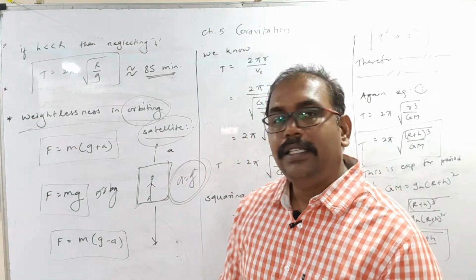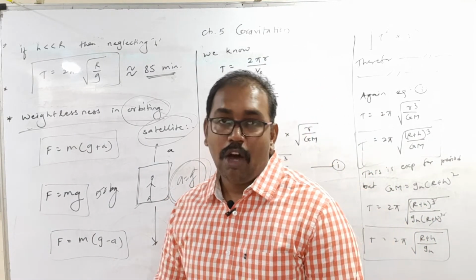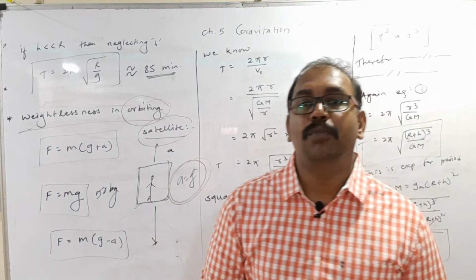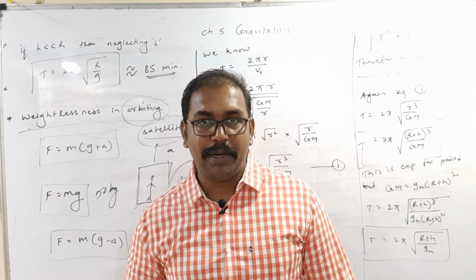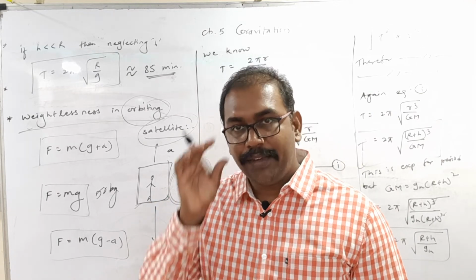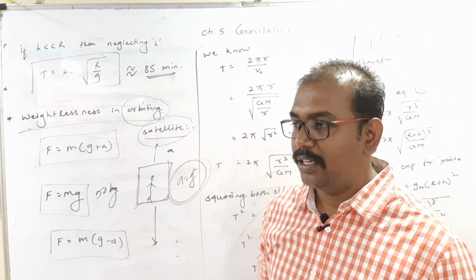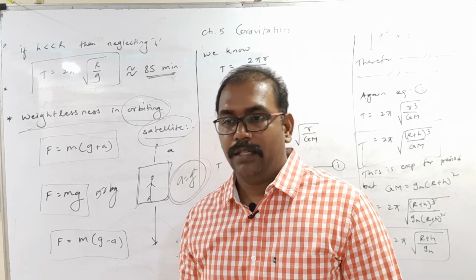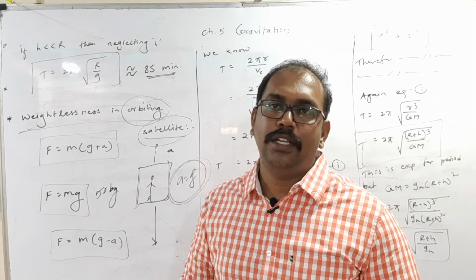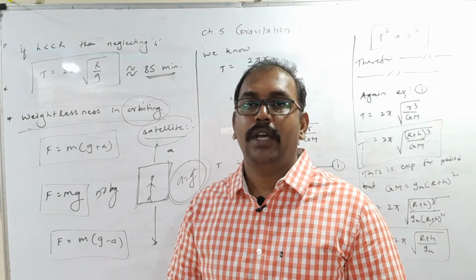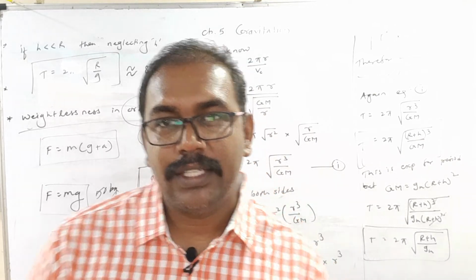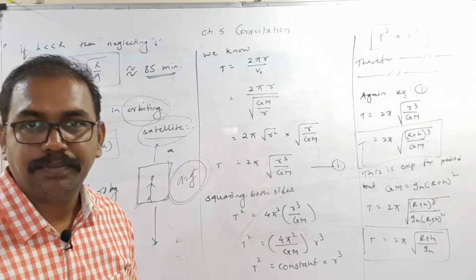In the second point you can write, in an orbiting satellite both astronaut and satellite have the same centripetal acceleration. Therefore, the astronaut does not exert force on the floor, and the floor also does not exert force on the astronaut. So the astronaut feels weightlessness. I hope everyone understood this weightlessness.